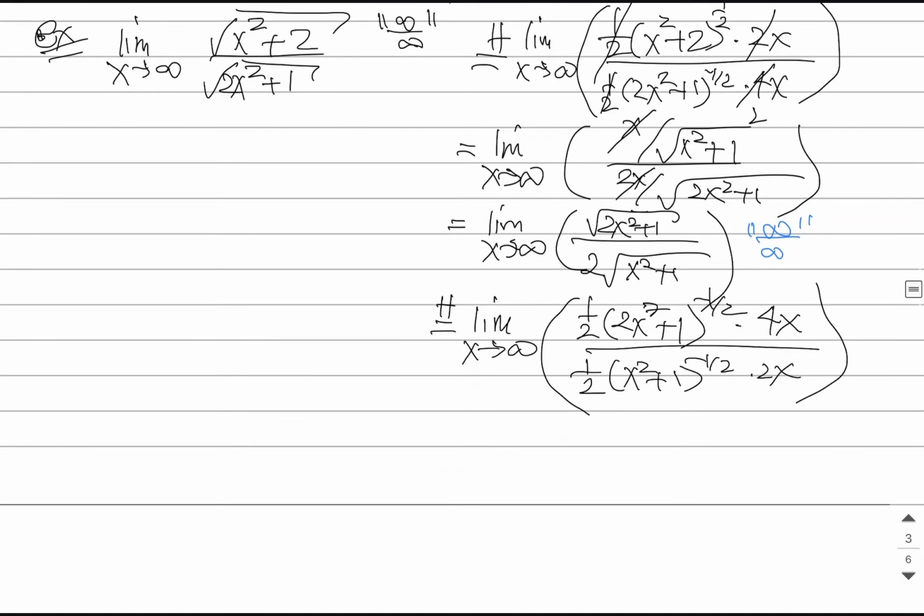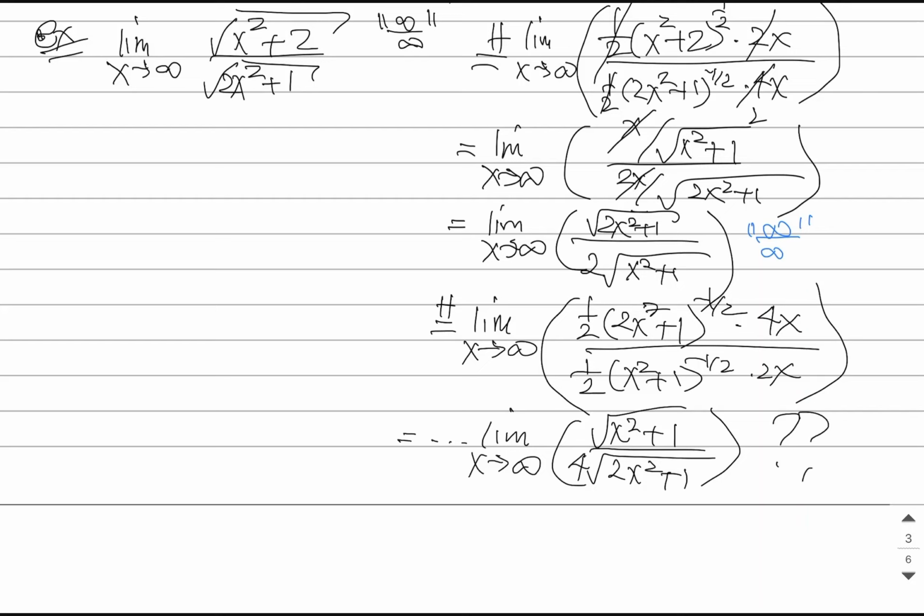And what's going to end up happening is you're just going to end up getting similar expressions to what you had before. These roots don't ever go away. They just hang around. Yeah, you're going to get some strange factor, but the point of the story is that L'Hopital's rule will not take you anywhere here.